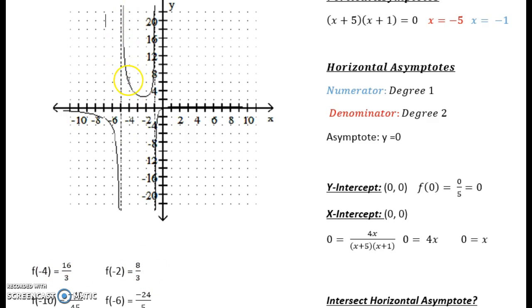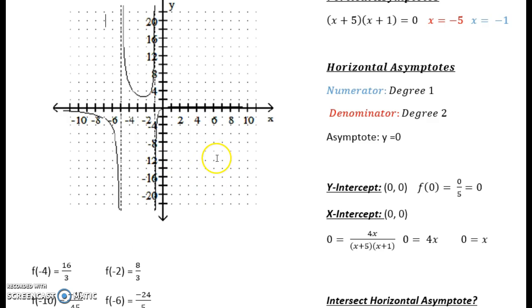So go to that point, connect to another point, and you know it has to start curving back up because it can't continue to go downward, because again it would have to cross the x-axis, which we know only happens at 0, 0. So it has to curve back up to get closer and closer to this other vertical asymptote.